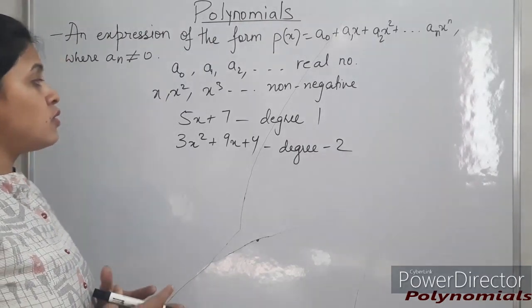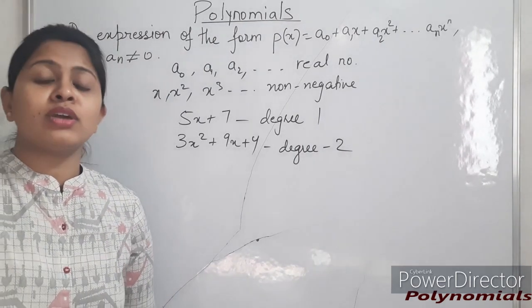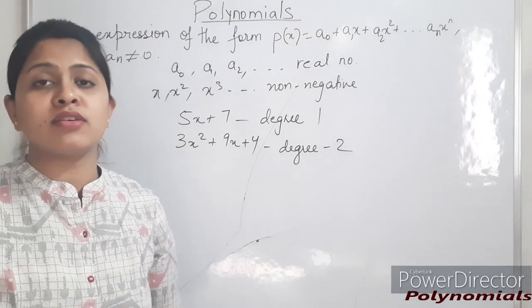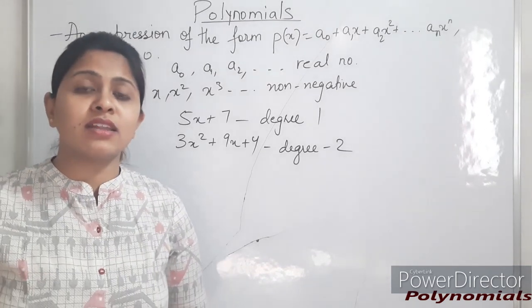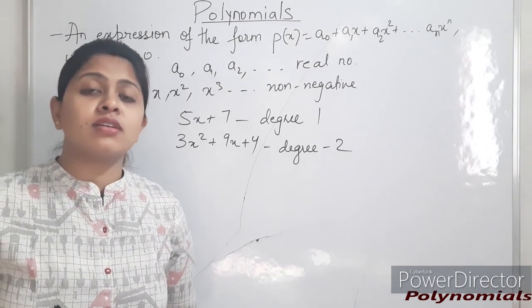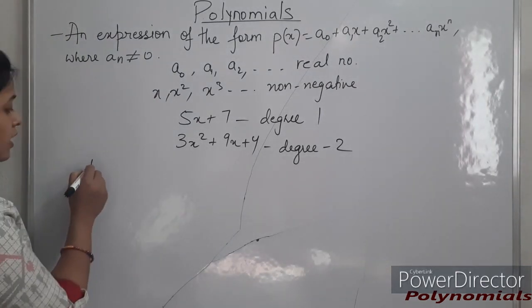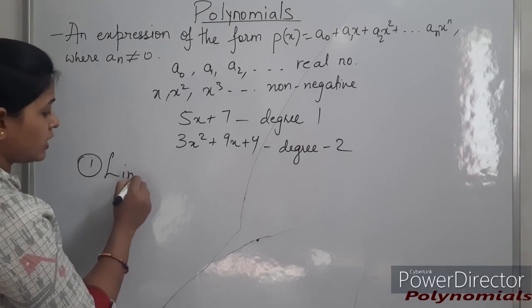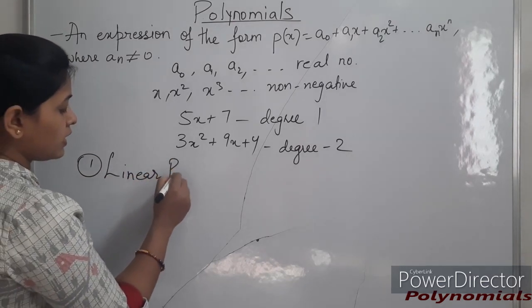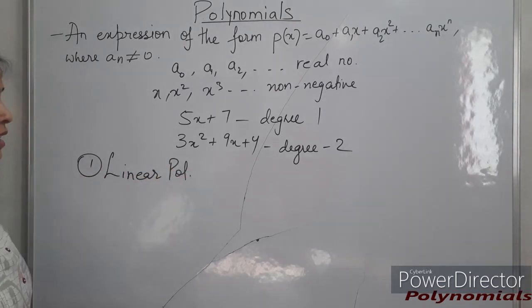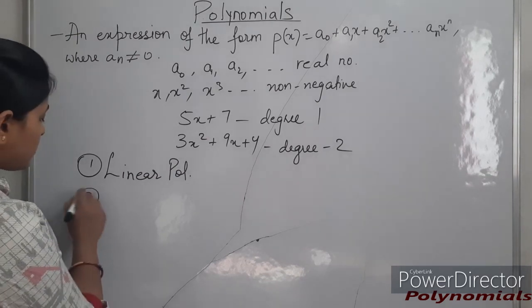Okay. So there are kinds also in polynomials. How many kinds of polynomials do we have to study in grade 10? We have to study the 4 types. First one is linear polynomial.